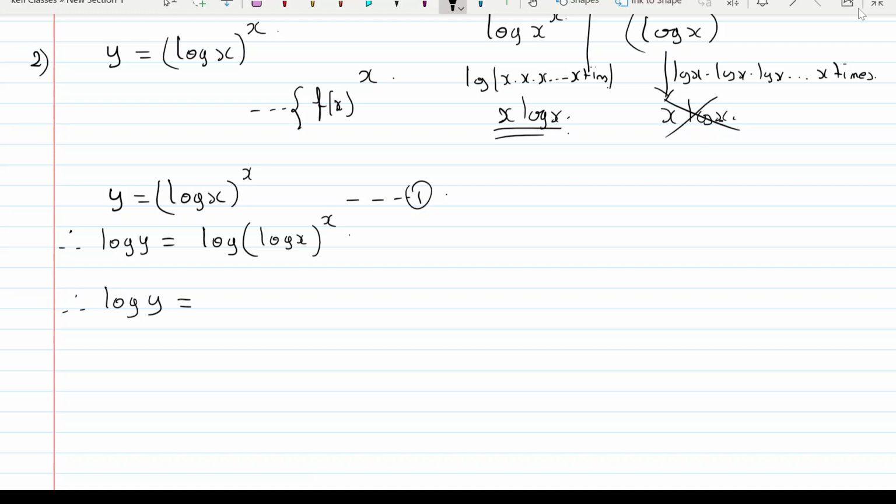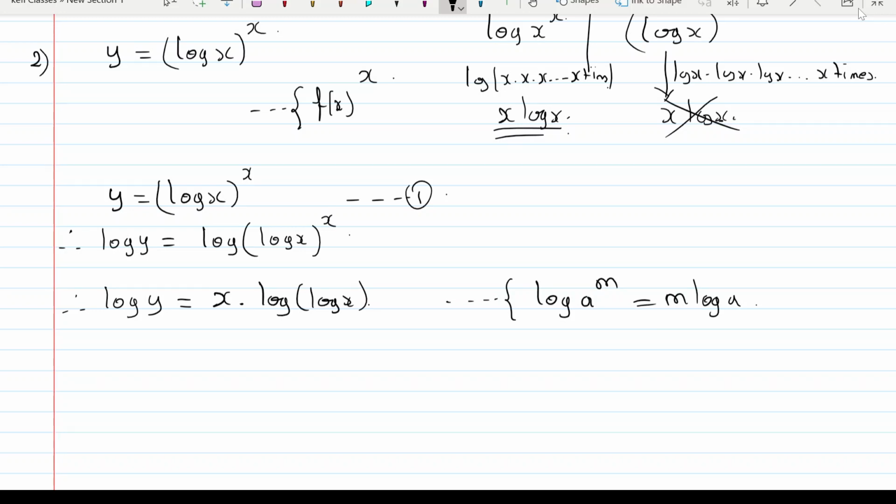Now we can use the law of logarithms. Okay, so it will become x into log of log x. This is again the same rule. Log a raised to m is m log a. So यहाँ पे a is log x.